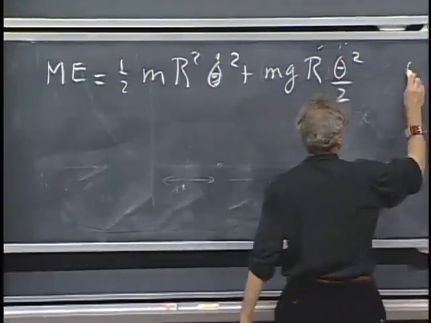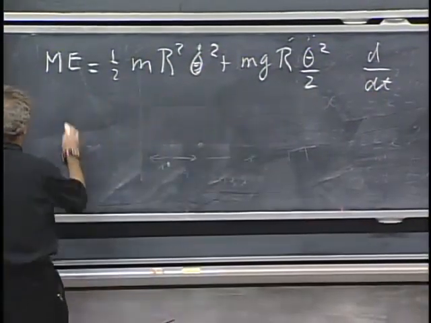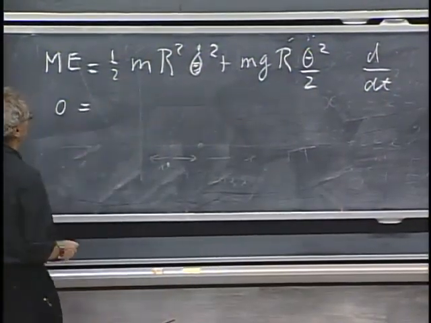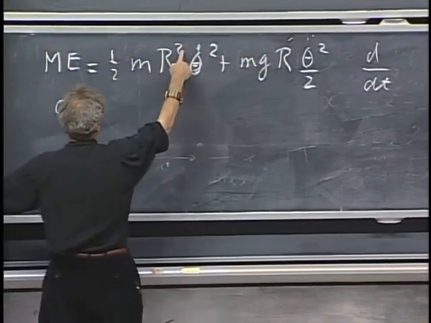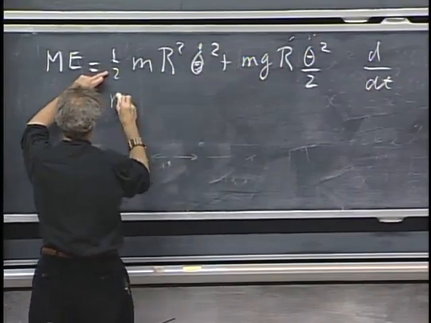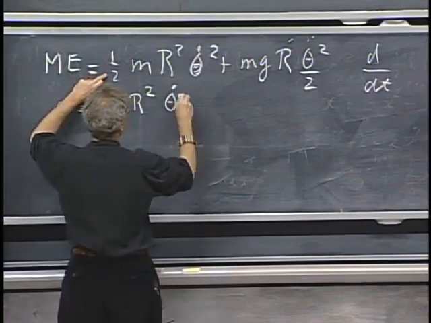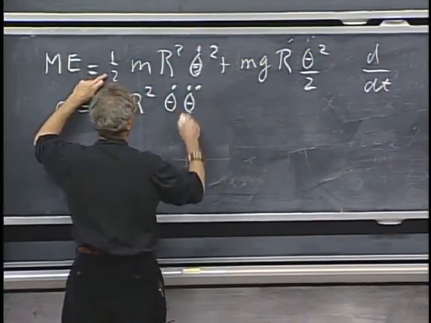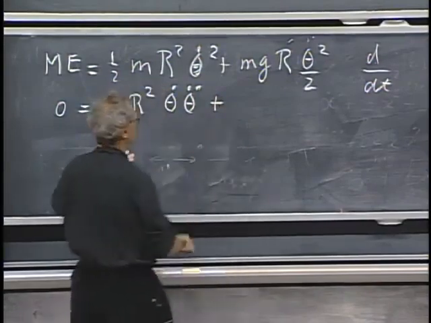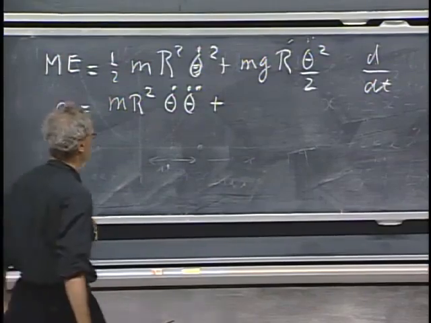And now I take the time derivative. So this becomes 0 equals. Now, I get a 2 out of here, which eats up this 1/2. So I get m r squared, then I get theta dot, but the chain rule gives me theta double dot. Excuse me? Anything wrong? I don't think so. Thank you.